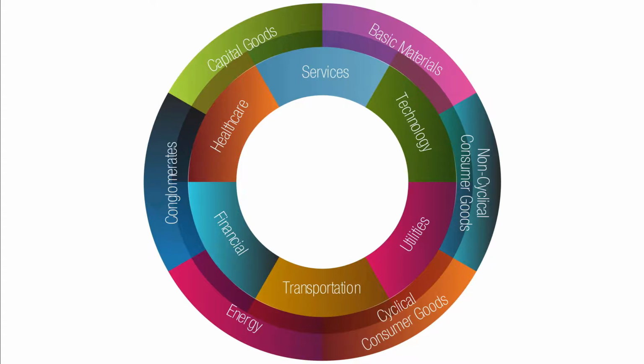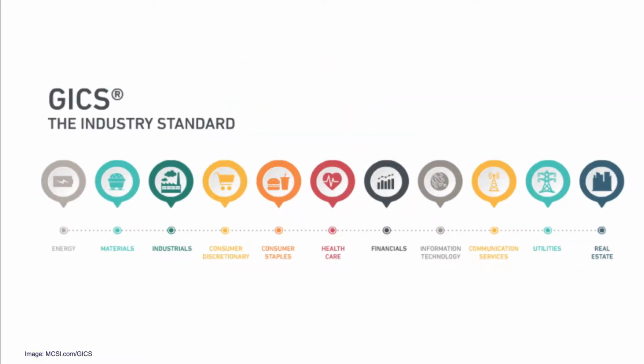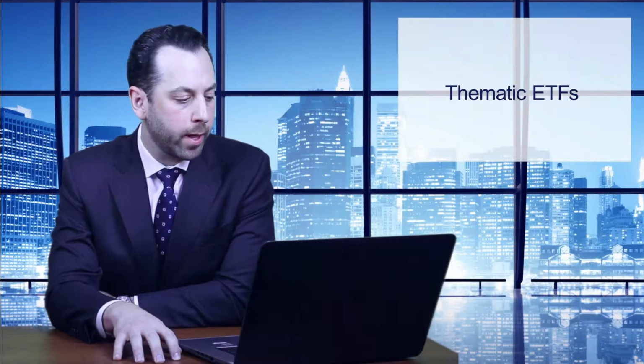The global standard for sectors in the US is known as GICS, which was created by Morgan Stanley Capital International and Standard & Poor's. So that is generally the type of sector classification that you are going to see when talking about sector ETFs.